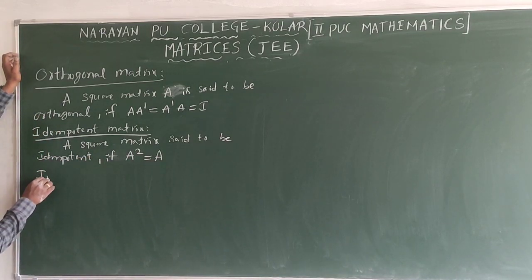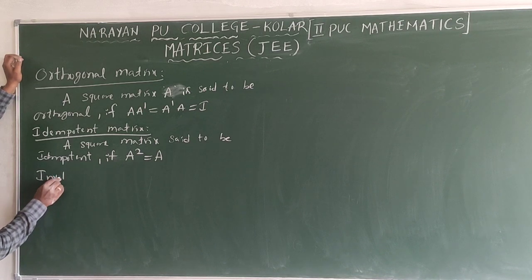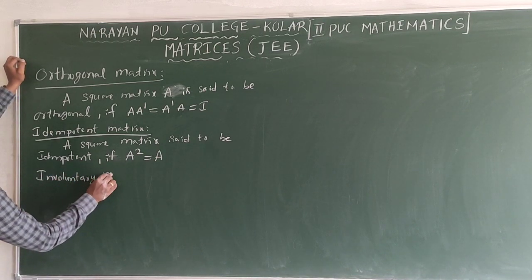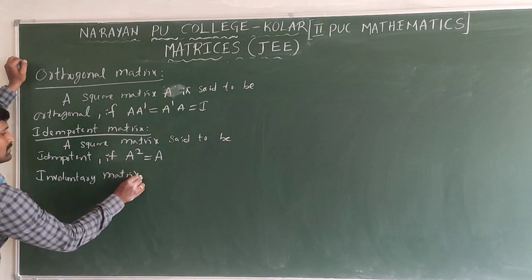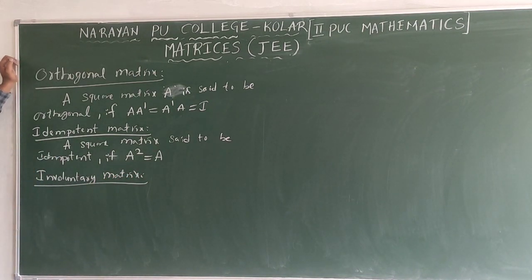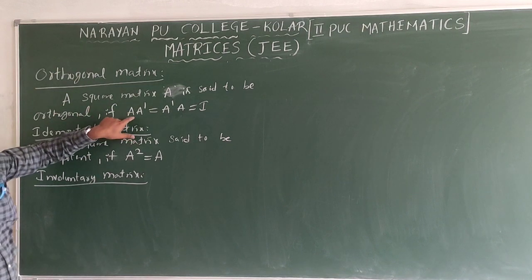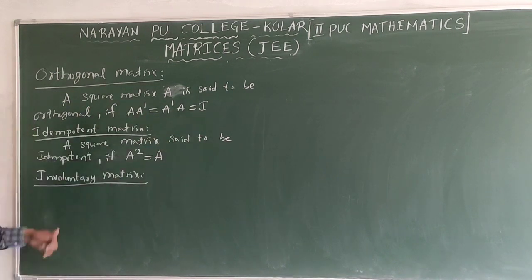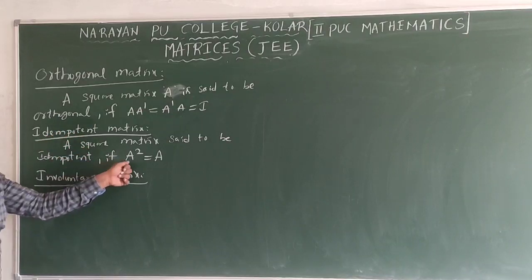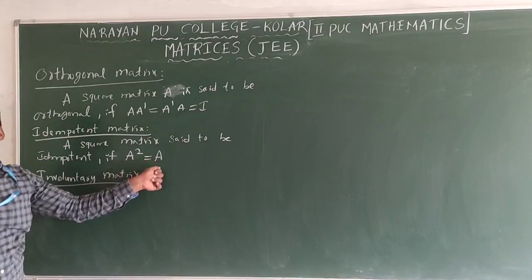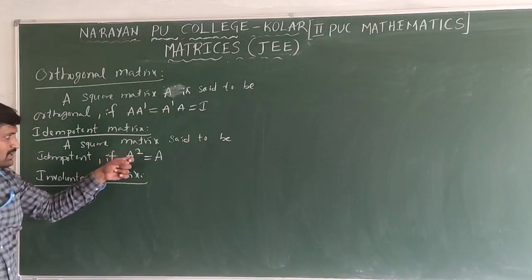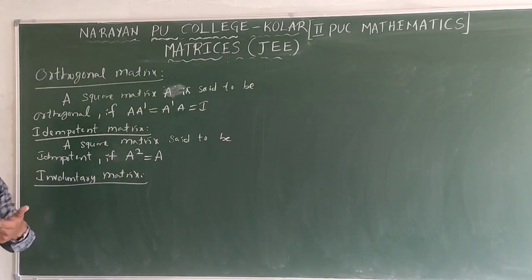Next, involutory matrix. Remember the conditions: for an orthogonal matrix the condition is A into A transpose or A transpose into A equals I. For an idempotent matrix the condition is A square equals A. Sometimes they will give just the name of the matrix. If you remember the condition only, you can solve the problem in easy ways.